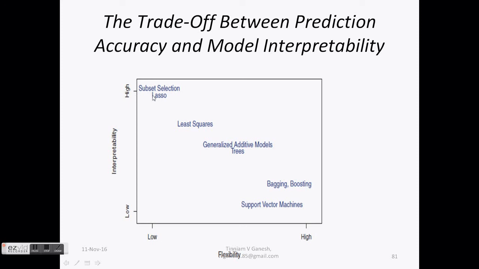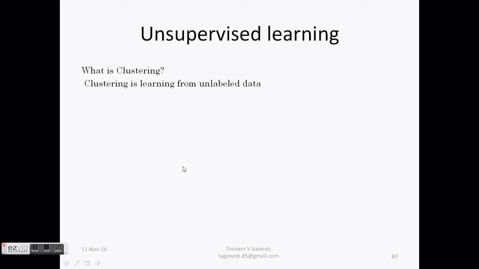The lasso is highly interpretable because many of the predictors would actually be zero, but it is not very flexible. The support vector machines are very flexible in that you can use them to fit different combinations of input data, but they're not very interpretable.